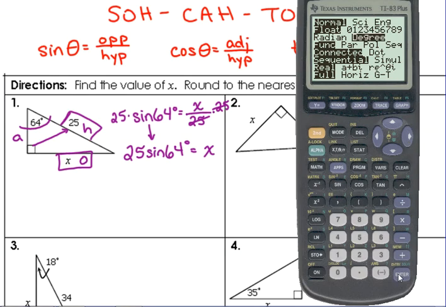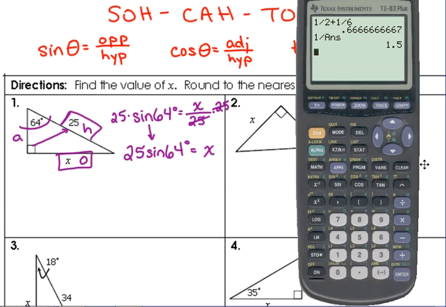If it's not, then move your cursor over there and press enter, and then press second mode, and you'll go back to the home screen. Okay, you have to be in degree mode because our angle is in degrees. That mode is telling your calculator how to interpret that angle. If it's in the other mode, then it's interpreting it as a different measure of an angle, and it's going to give you the wrong number.